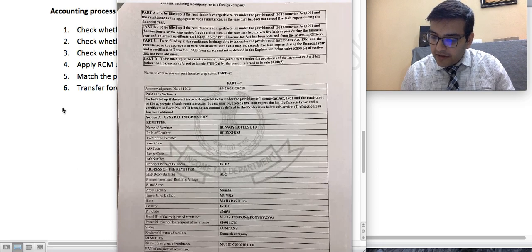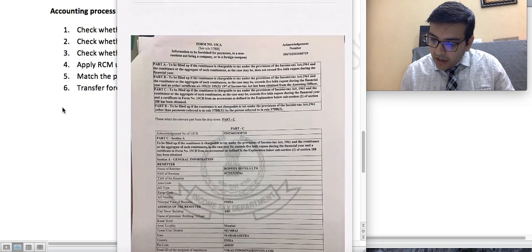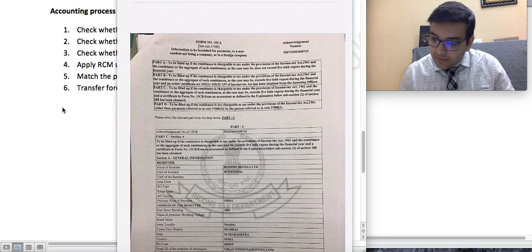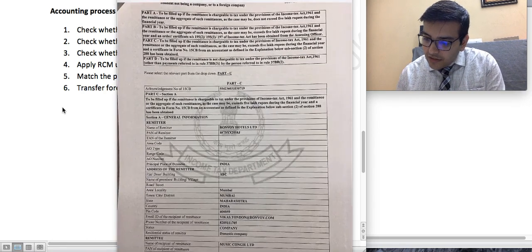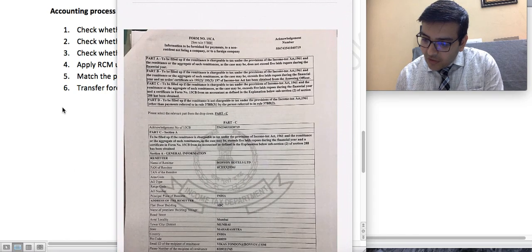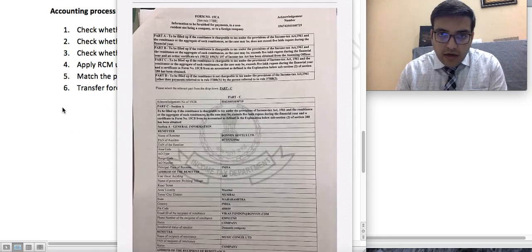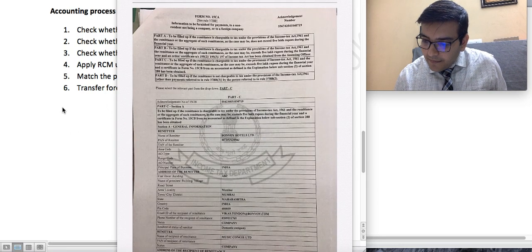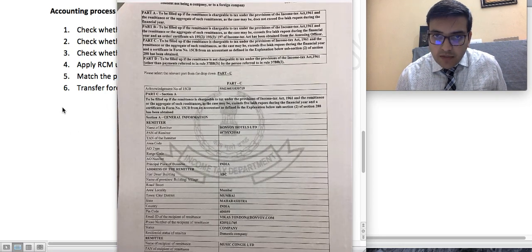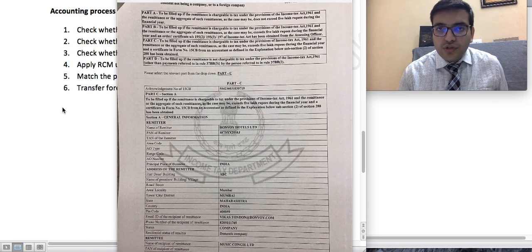Now the 15CA part is basically a declaration by the entity. So please see here, it contains an acknowledgement number right over here on the top. This acknowledgement number is used in the returns.